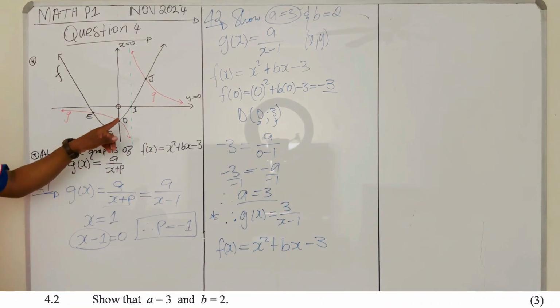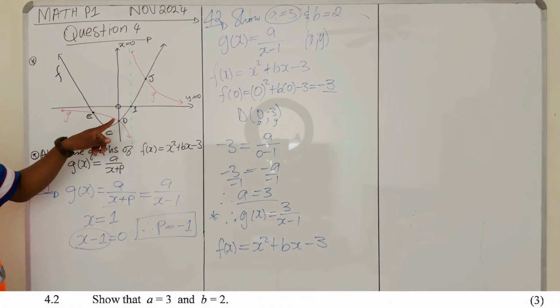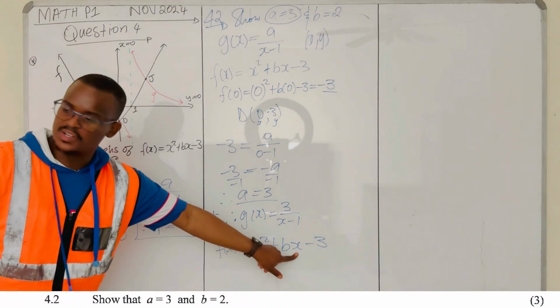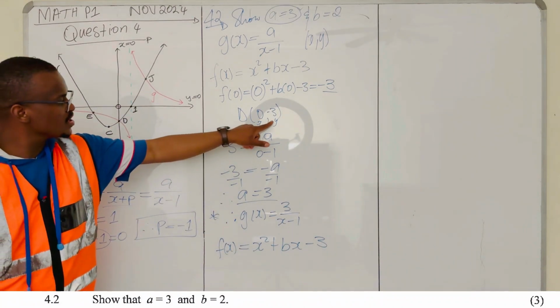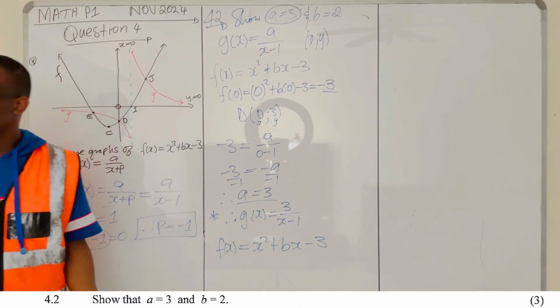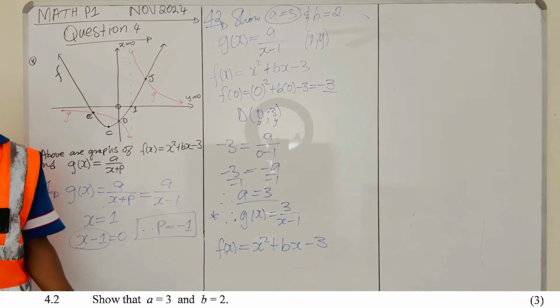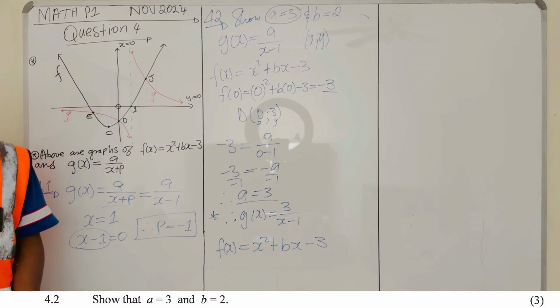So you have D and you have 1. What happens if you substitute D? Your b will disappear, because D is 0 and minus 3. If you put your minus 3 and put your 0 and put your 0, your b will disappear. So there's no point of using that one because it destroys the value of what we're trying to find.